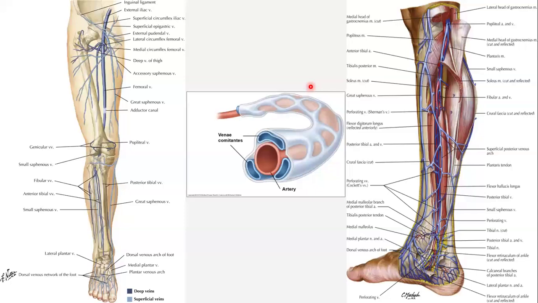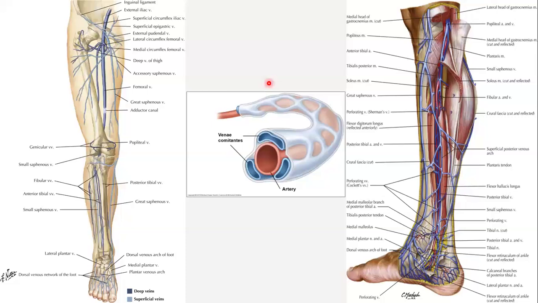Those are superficial veins. Now let's talk about the deep venous system of the lower limb. The deep venous system of the lower limb will be the veins that accompany the arteries. So the deep venous system follows arteries. They are easier to describe because the deep veins follow arteries and they have the same names as the arteries.